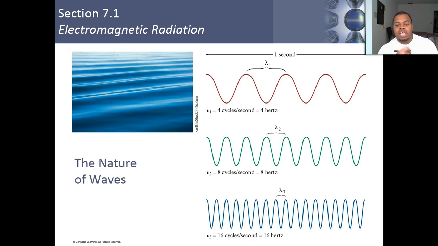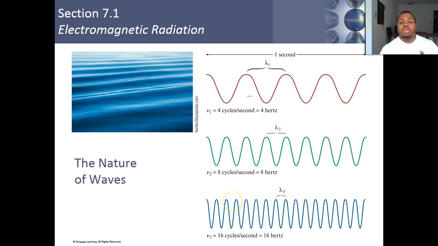This is what we're looking at here. If we're looking at each of these happening within 1 second, in the section you see on the screen, we have four cycles for the first second. We shorten the wavelength and we get double the cycles in 1 second, so that'll be 8 hertz.